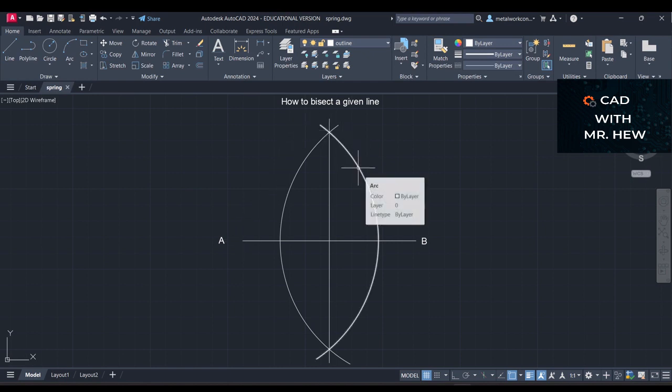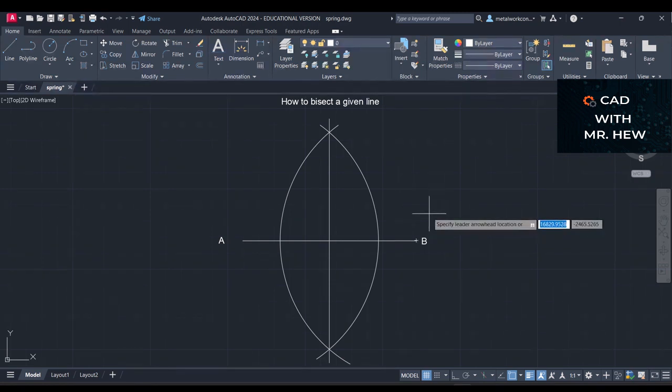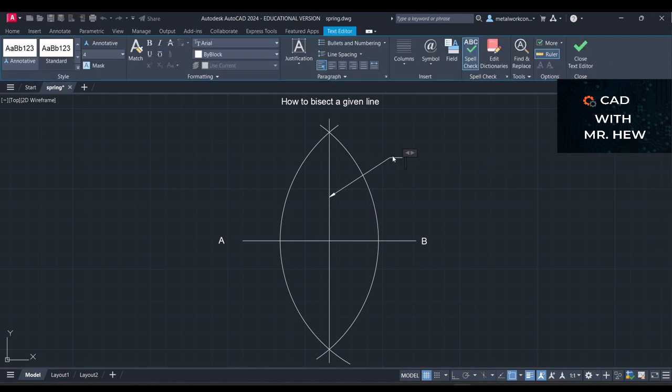Then at B, the same radius, we mark an arc. Where the two arcs intersect, the line drawn through the intersection of the two arcs, that's a bisector. Okay? All right, let us label this line. Good. Then we're going to label it bisector.